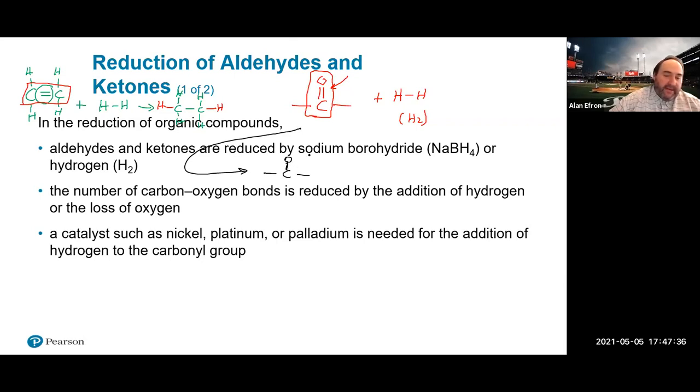The purpose of that is it now allows room at the oxygen and at the carbon to take one of these hydrogens on, one in each spot. And that's exactly what happens here: the double bond becomes a single bond, and we put the hydrogen back on the oxygen and the hydrogen back on the carbon. And that is how we go back to our alcohol through the reduction reaction.